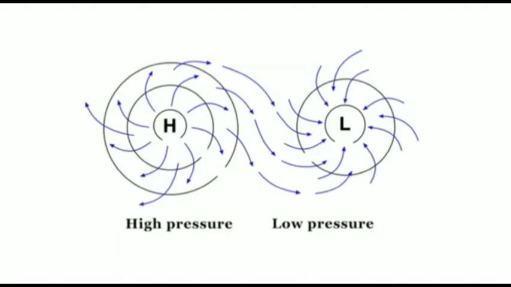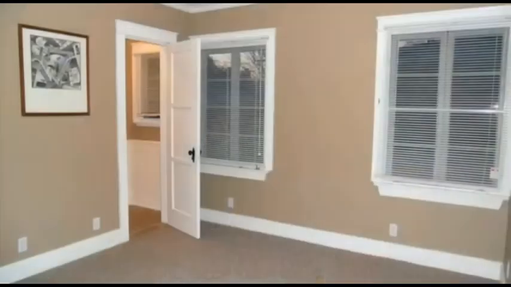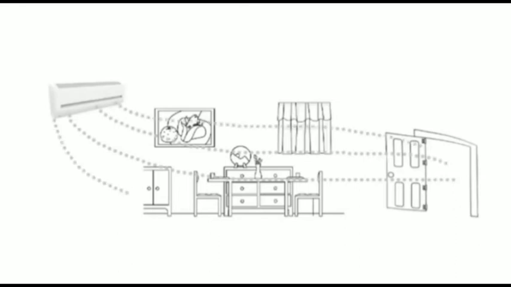For example, if you switch on your AC in your home, just try to open the door. The cool air starts moving outside of the room because the air is warm outside of the room.